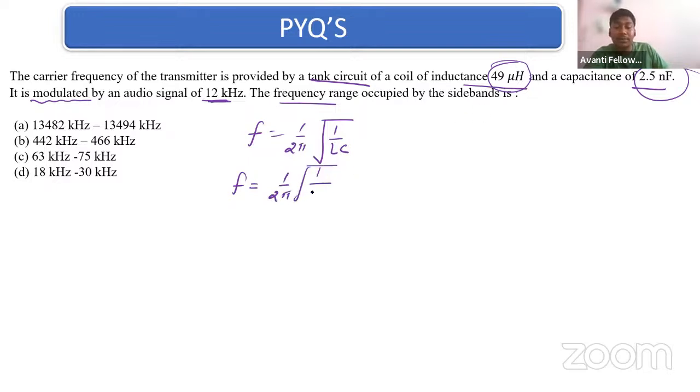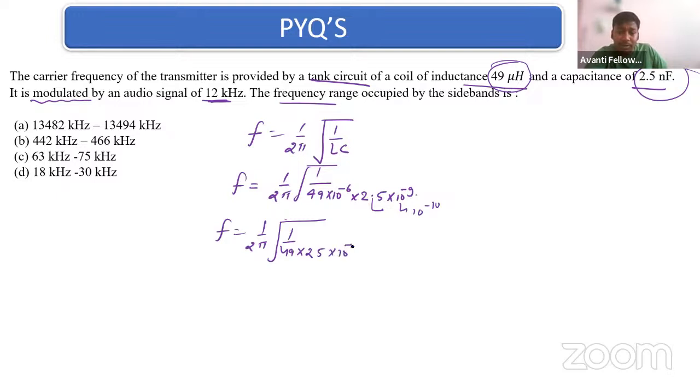L is 49 microhenry, that is 49 times 10 to the power minus 6. And 2.5 nanofarad will be 10 to the power minus 9 farad. I can convert this: 2 pi, and 49 into, if I have this point here, then I need to put 10 to the power minus 10. Then this will be equal to 25 times 10 to the power minus 10.